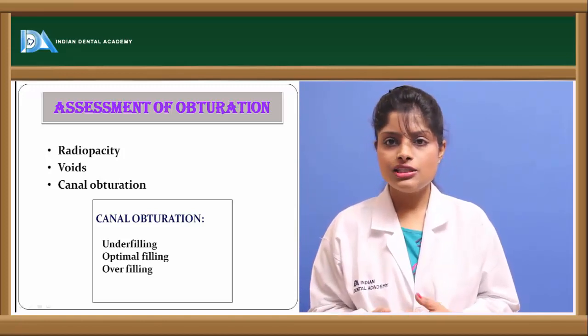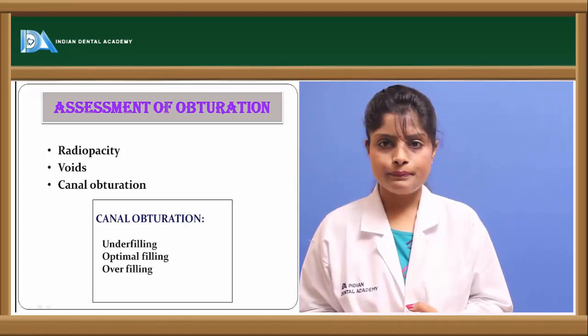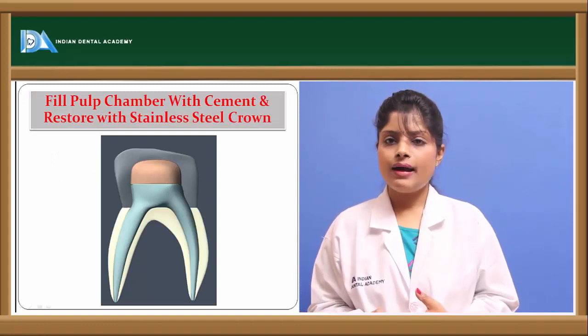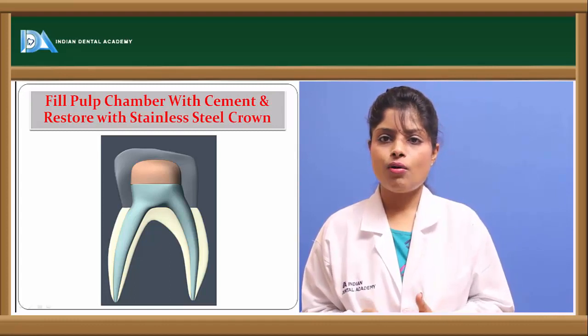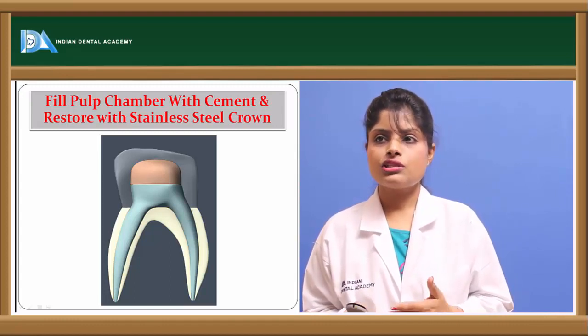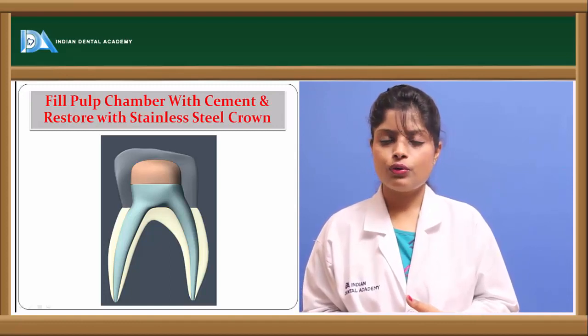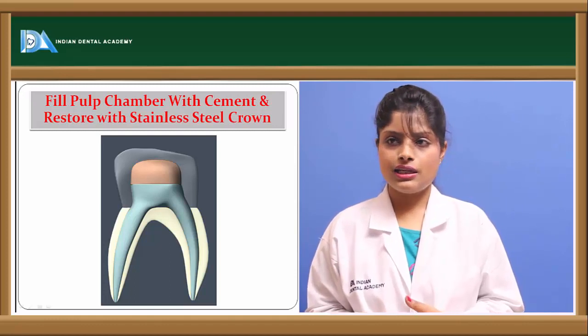That is, the material should ideally not extrude out of the canal. Finally, the pulp chamber is filled with a cement like zinc polycarboxylate or glass ionomer cement and restored by a stainless steel crown for the purpose of maintaining aesthetics and mastication.